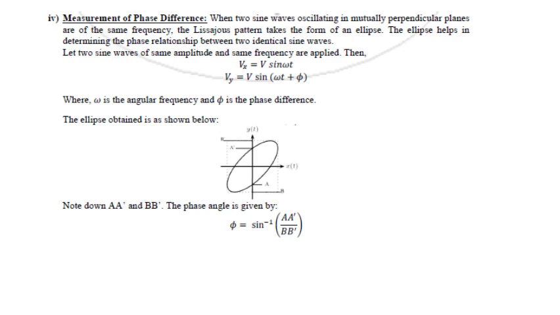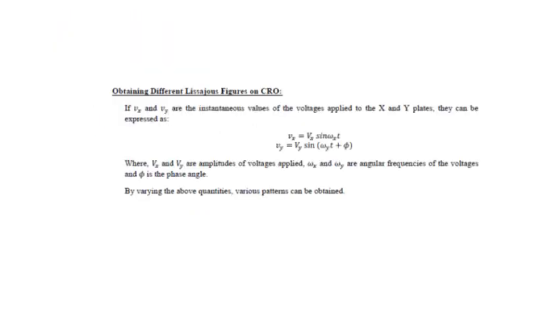If you check BB prime and AA prime, you can calculate the phase angle, sine inverse of AA prime upon BB prime, and you will get the value of phase difference. We can also obtain this using Lissajous figures.